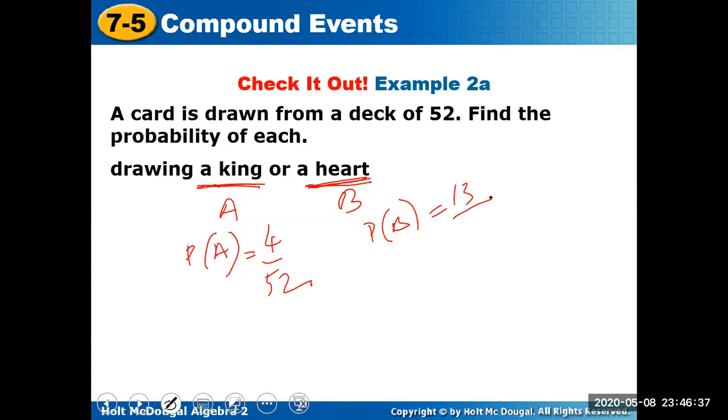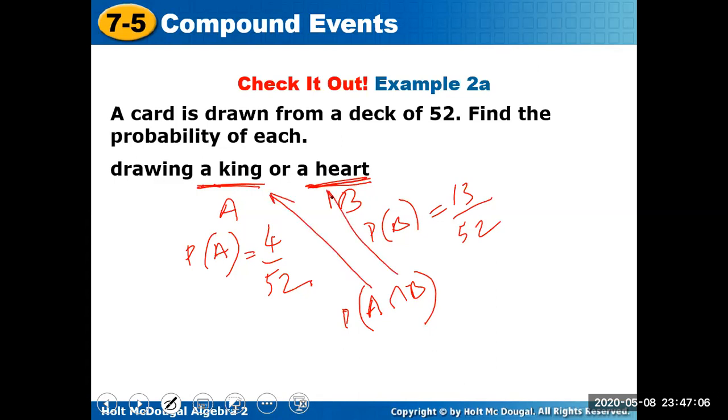So we already learned from the previous lesson the number of cards in each suit. There are 4 suits. Each suit has 13 cards. So 13 out of 52, right? And probability of A intersection B. A intersection B means A is king and B is heart.